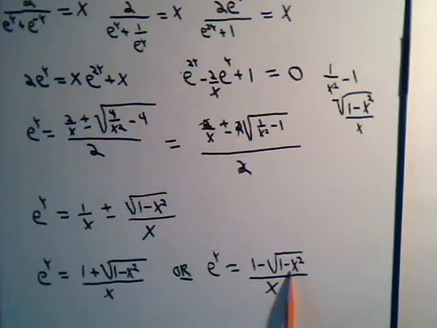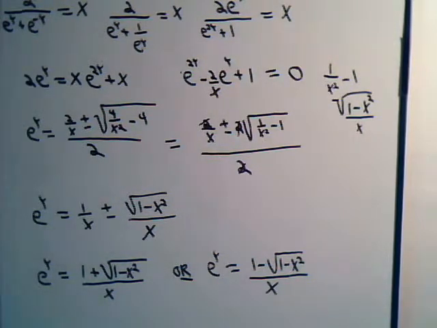That would make this 0, and we would have e to the y equals 1. That's a positive value. And when x is less than 1 and greater than 0, that would still leave us a positive value. So this should be a valid expression. And over here, this is always positive. x is between 0 and 1.